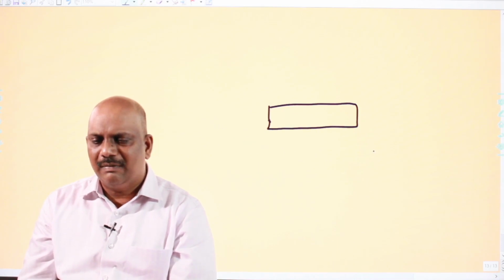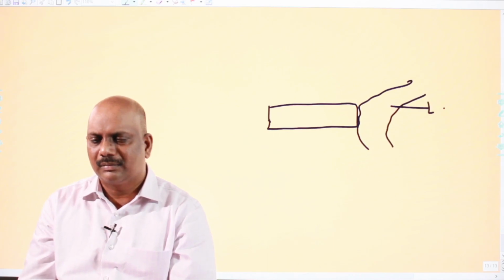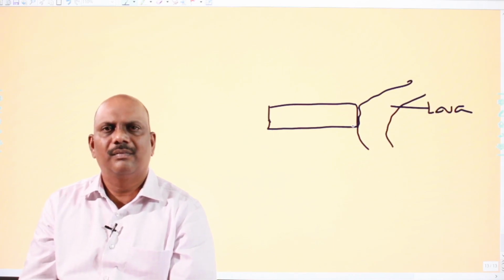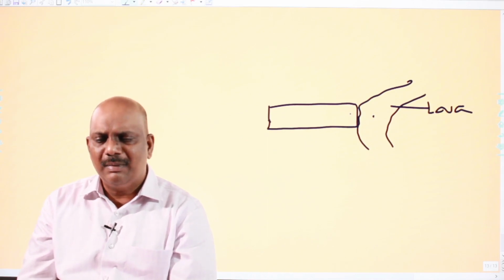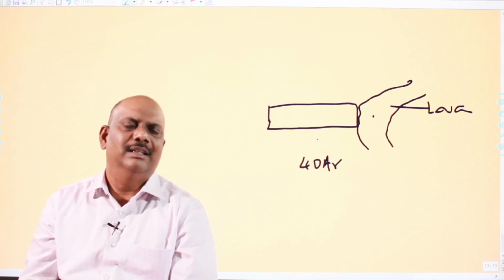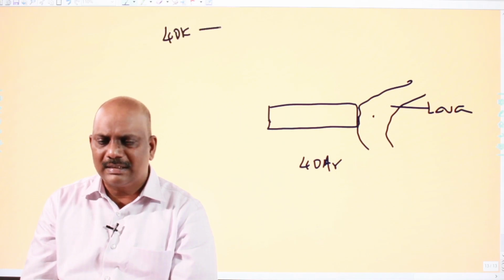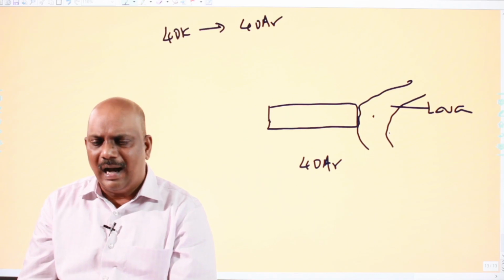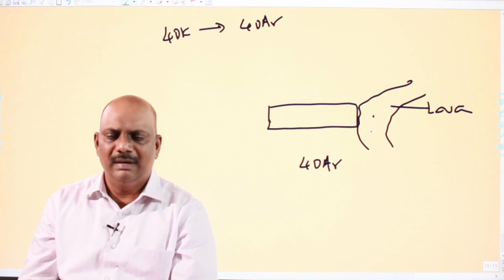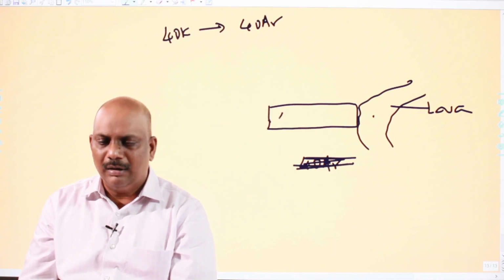During that time, if a volcanic event happens, if lava flows here, this heat will eliminate all the 40 argon in this place. As I told you, 40K gets converted into 40 argon. A high temperature event like this will eliminate all the 40 argon, leaving behind only 40K.